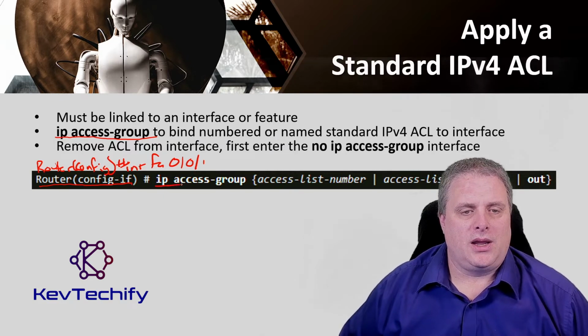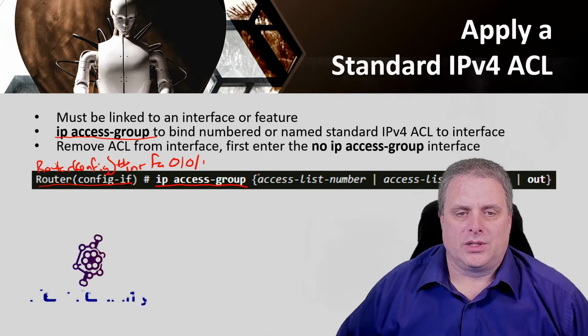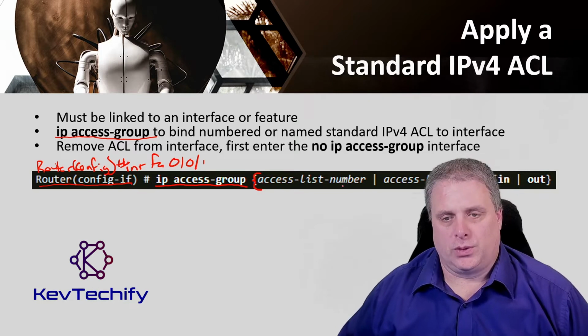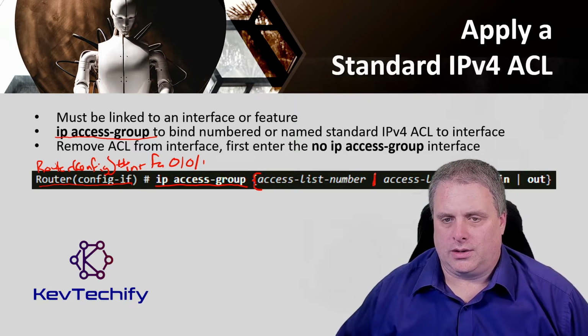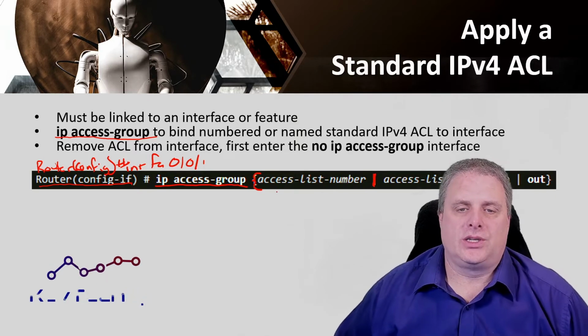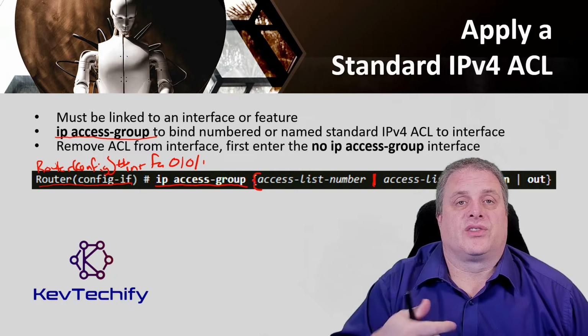So ip access-group, and then it's either, and once again, we have the squiggly line here, meaning you have to make a choice. It's either option 1 or, and that line up and down means or here, option 2, and then end squiggly. You have to choose one or the other. Our choices here are either our access list number or the access list name.